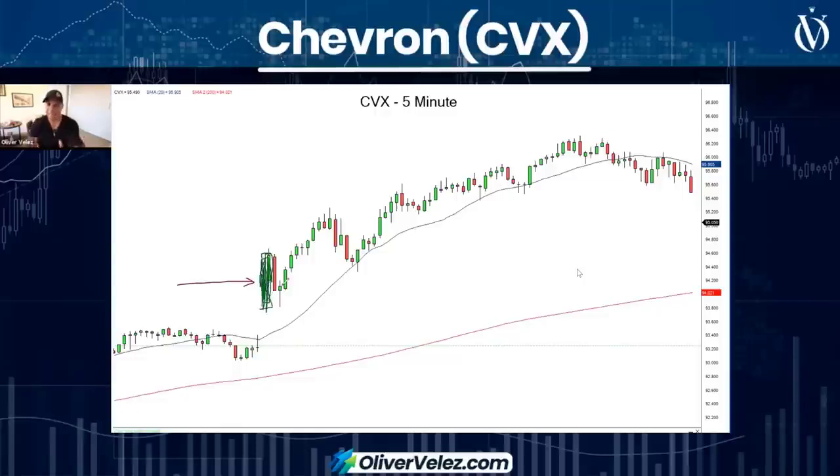Now, we have the scenario that we're looking for. We're above the 20 and the 200. That's key. We look to the left. There's no prior price activity in recent history that's obstructing or interfering with the stock's flow. So we've got clear sailing to the left. Okay, clear sailing above. Why? Because we're above the moving averages.